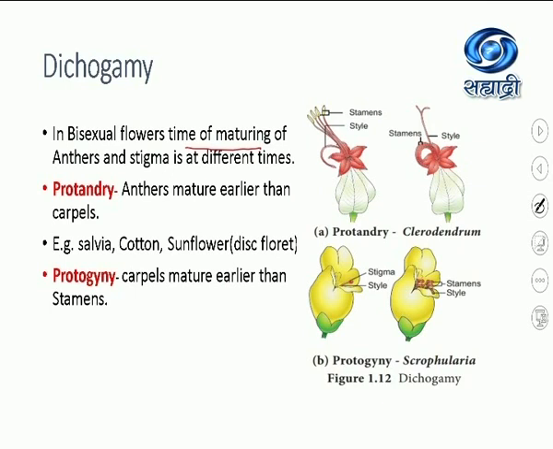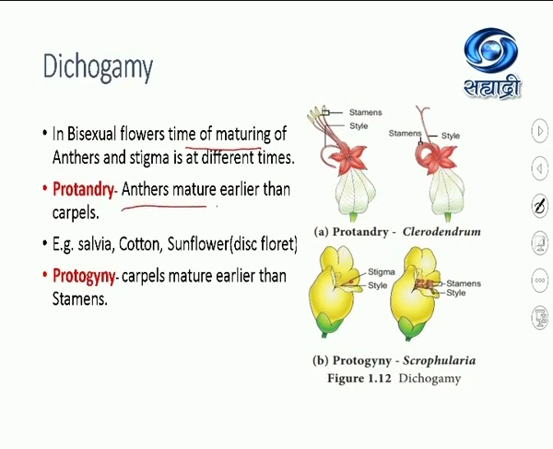So, of course, if the time of maturation of androecium and gynoecium is different, it is going to promote cross-pollination, outbreeding. So, first we studied Dioecy, which is unisexuality. Flowers are pistillate or staminate. Then we discussed Dichogamy. In Dichogamy, we are studying the protandry condition and the protogyny condition.